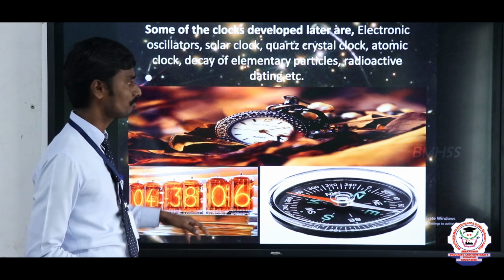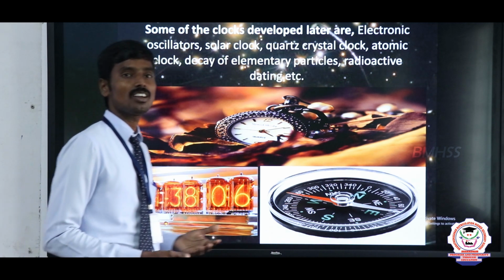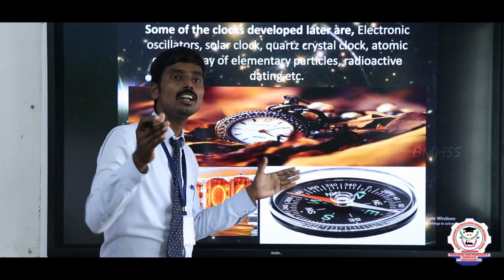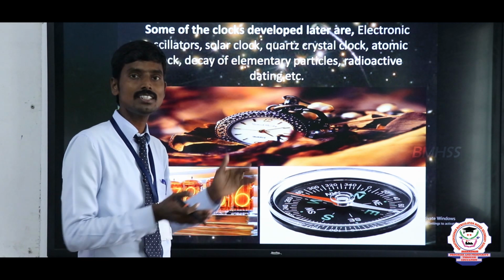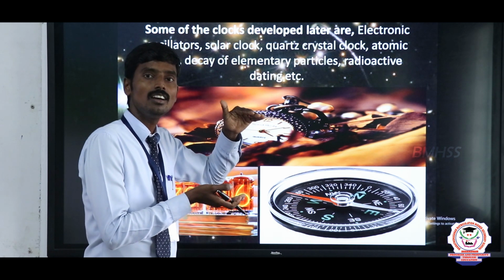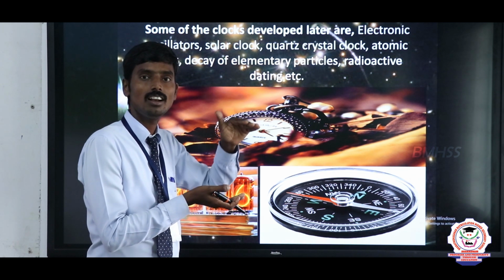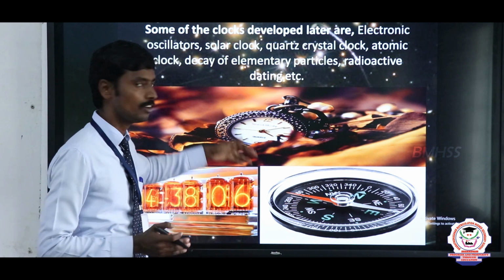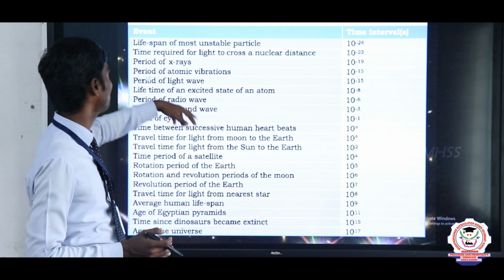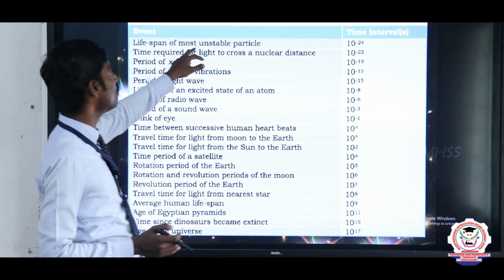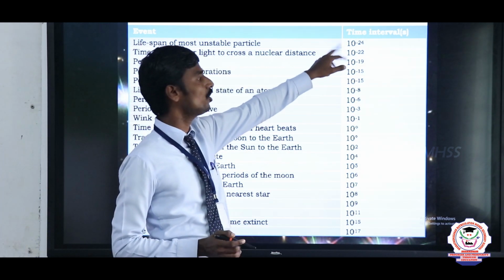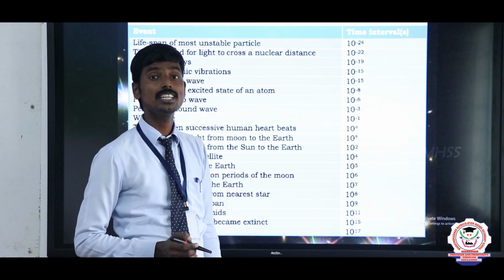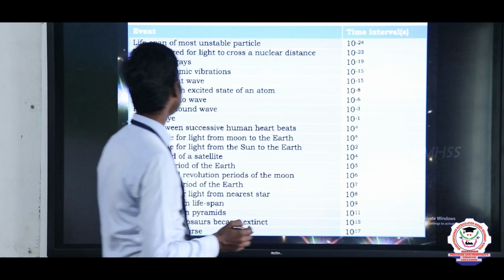So how do we measure the largest and the smallest time periods? The largest is the macroscopic time interval, the smallest is the microscopic time interval. See the tabular column one by one. Lifespan of the most unstable particle 10^-24 seconds.